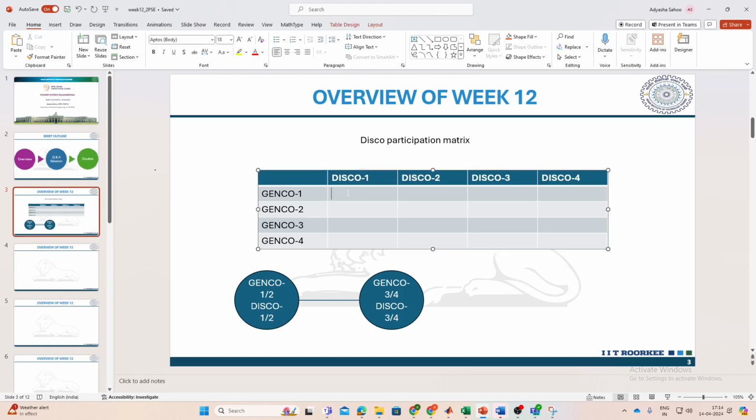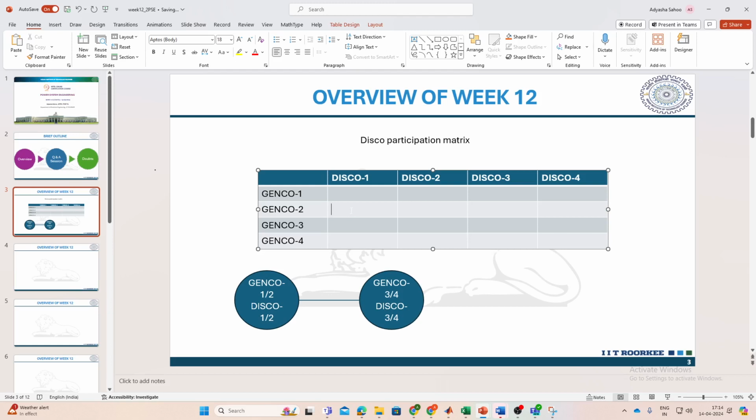Let us fill in the values for the contract participation factor. Let's say this is your first position, CPF 11. It signifies how much of its required power DISCO 1 is contracting from GENCO 1.